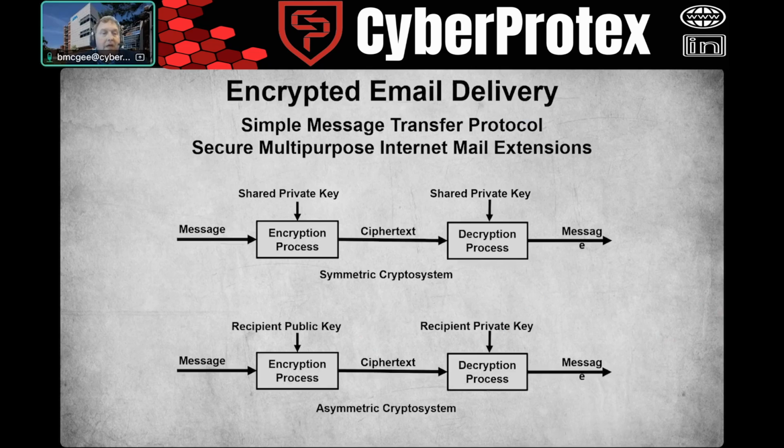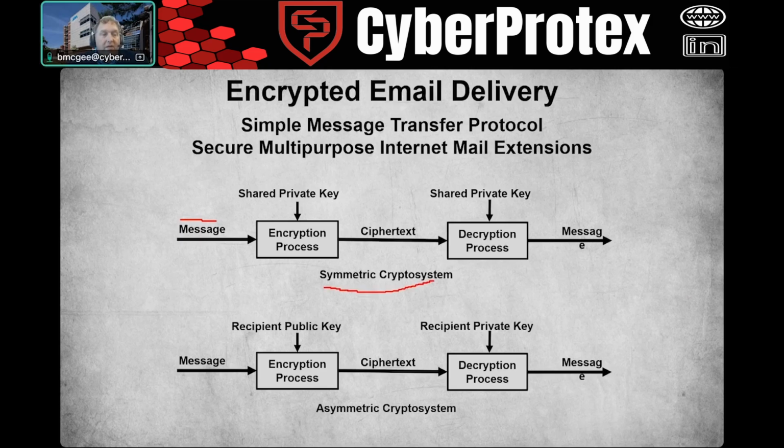and take a look at how it works. If you have a message over here, and you have some way that you're looking to encrypt it, the key will get put into the encryption process to generate the ciphertext, and then it'll also be utilized to decrypt the message in a symmetric system.